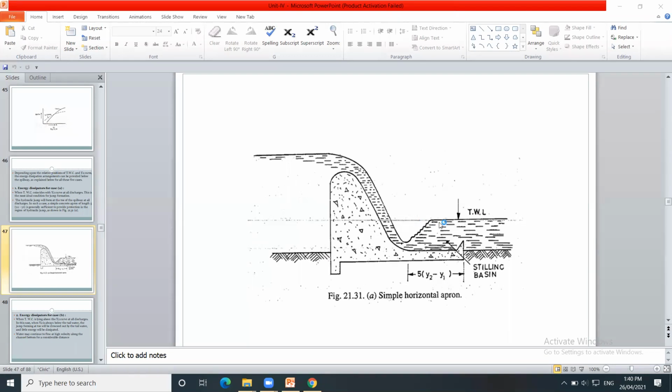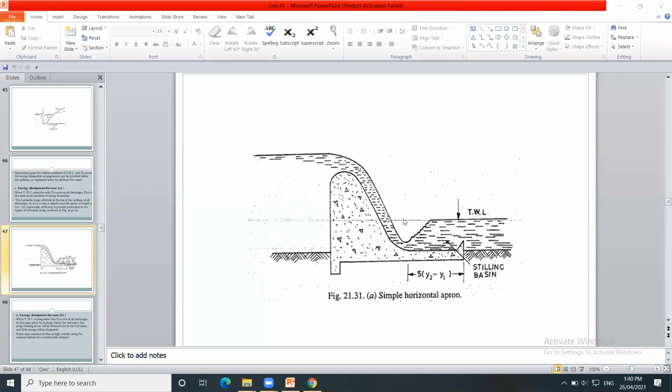So this is for the first case when TWC coincides with the Y2 curve. This is the energy dissipation arrangement made for first case: a simple horizontal concrete apron placed on the downstream side.